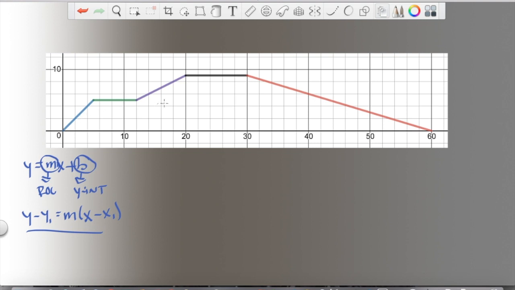But for the rest of these linear pieces here, identifying that y-intercept might be a little tricky. So this would probably be the easier form to put that into. Alright, so let's go ahead and get into this, and let's just start writing our various equations.